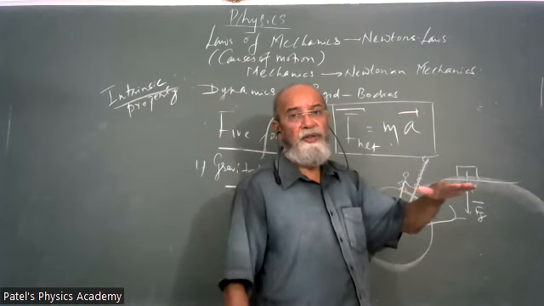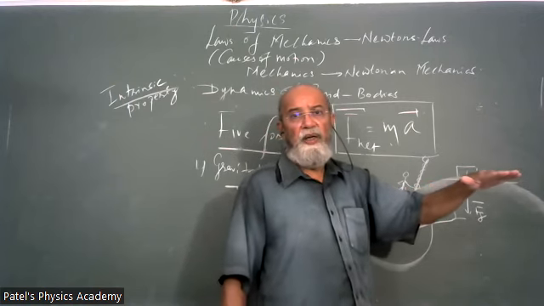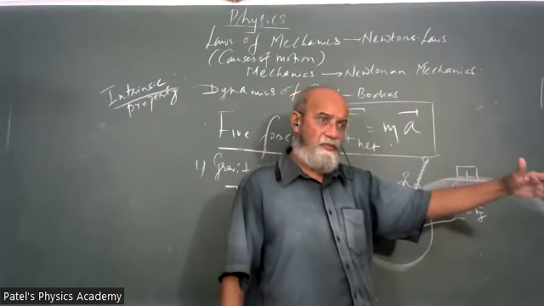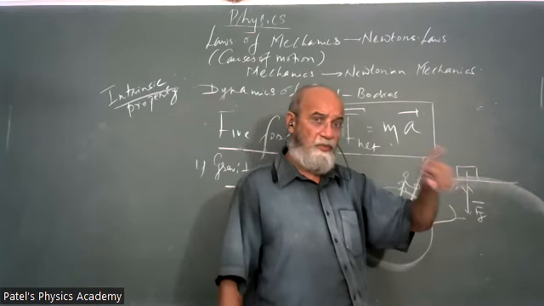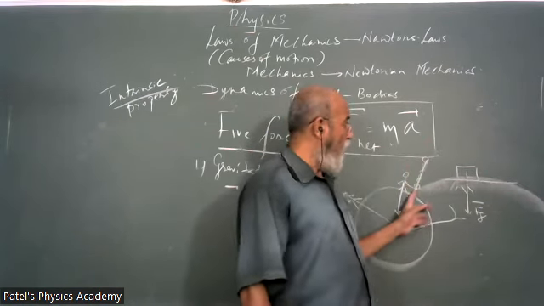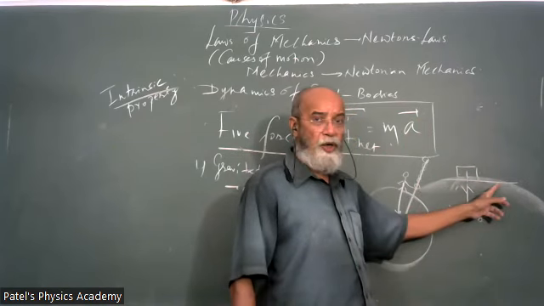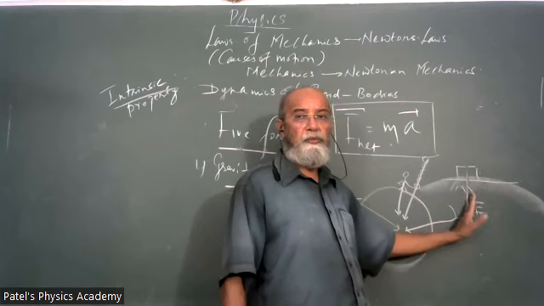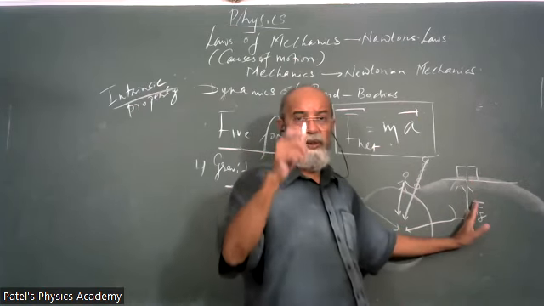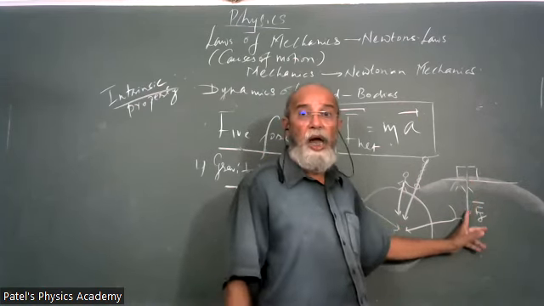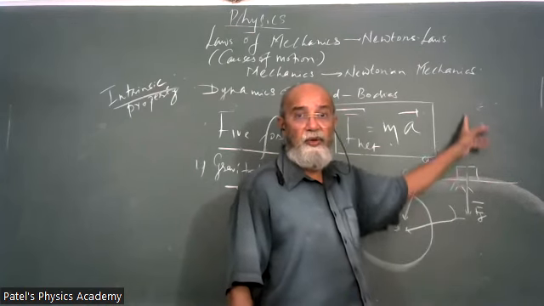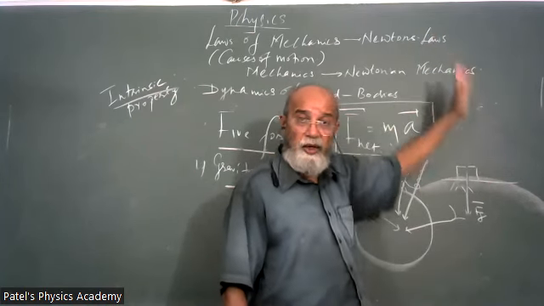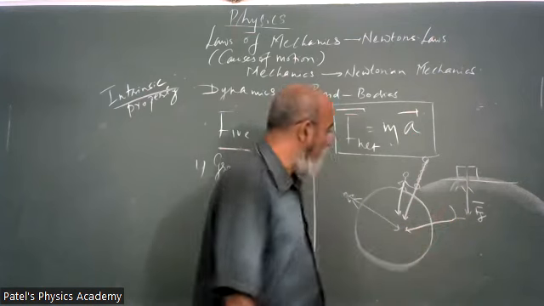For hundreds and hundreds of kilometers, it appears straight. I never see the curvature. You understand or not? You remember that. So I'm always going to draw the ground, and I'm going to show the gravitational force exactly vertically down, aligned to my y-axis always. Okay, now this is one example.